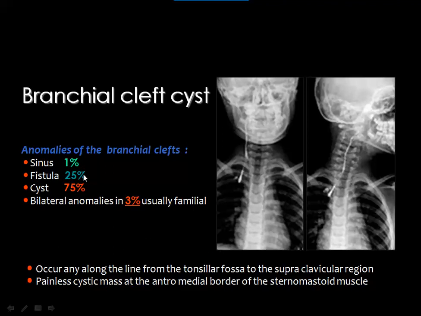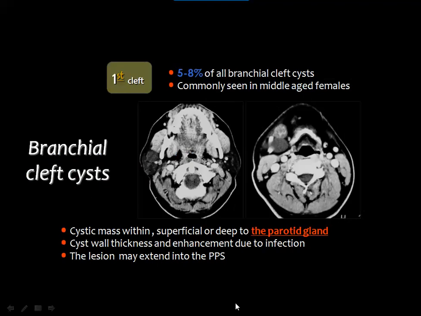With the fistula, which is more common, you see an opening on the skin, and if you inject contrast media, you may get some connection to the pharynx, and this is what we call the branchial cleft fistula. And the cyst is just a cyst located in the lateral aspect of the neck at a very specific particular location. Then branchial cleft cysts are seen from the first cleft and the second cleft.